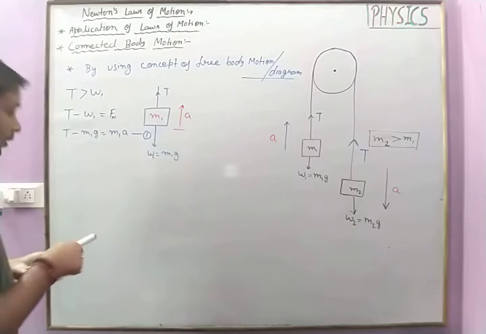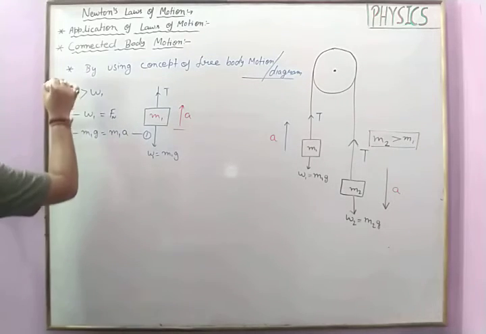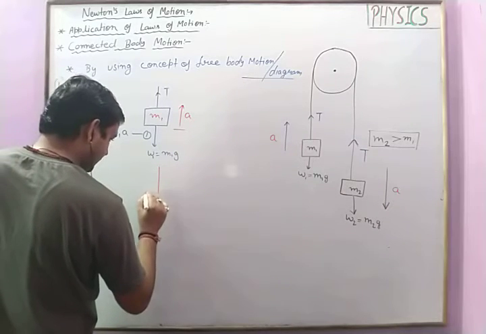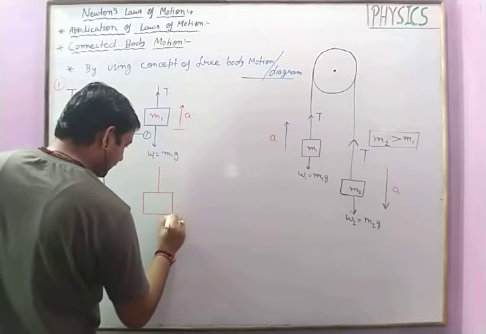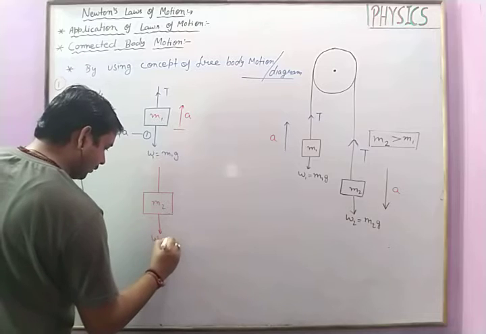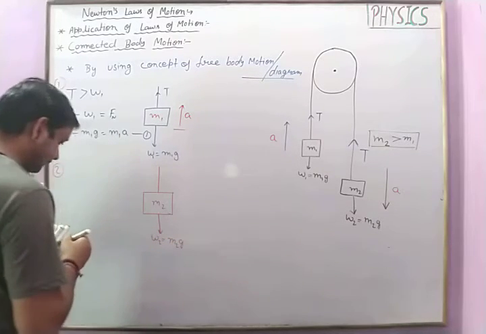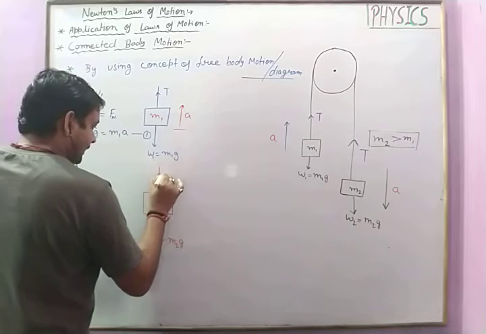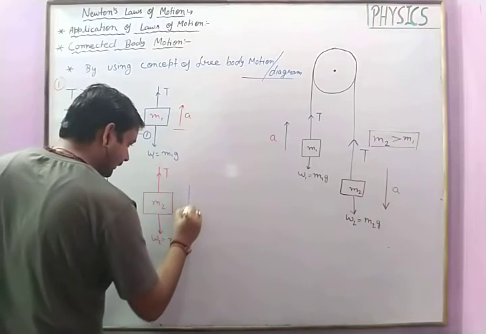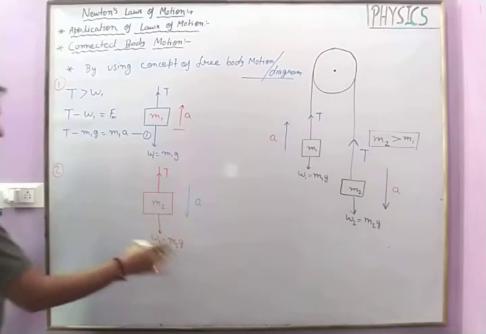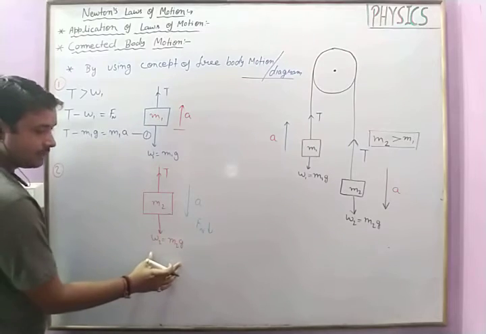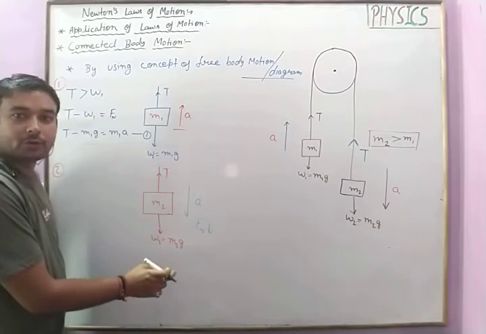Okay, now for the second situation, secondly, the second object of mass m2, having weight w2 is equal to m2g, tension in the string in the upward direction, and the acceleration gained by the body in downward direction, that is, the net force works in downward direction along with the direction of weight of the body.